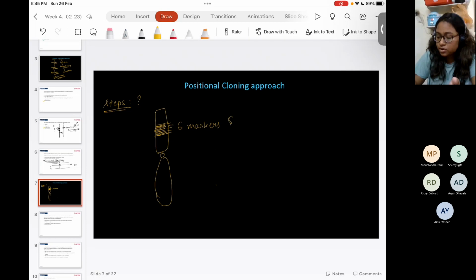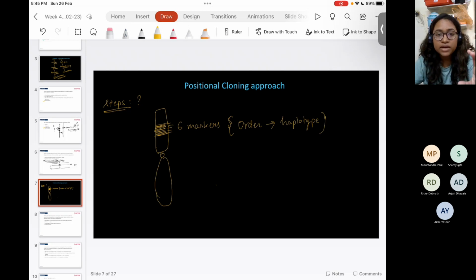The order of these markers also gives you what is called a haplotype, which is nothing but a set of markers which are known to inherit together because they are linked. They will inherit together from one generation to the next, and in the pedigree, you will see that all the individuals affected with the disease will have the particular markers in the same sequence.